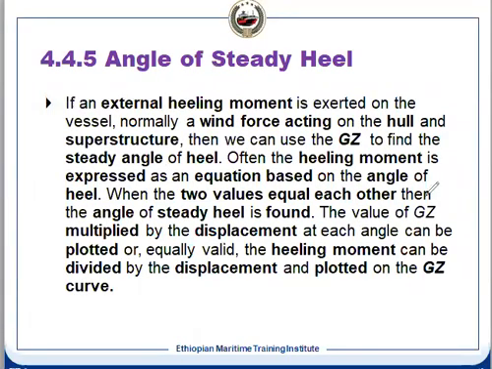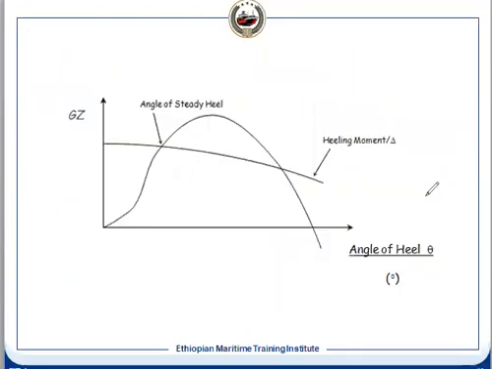Now the angle of steady heel. The angle of steady heel is something like this: if we have the statical stability curve and this is the heeling moment, then the heeling moment divided by delta. What is the heeling moment? We have seen the heeling moment is GZ multiplied by delta.